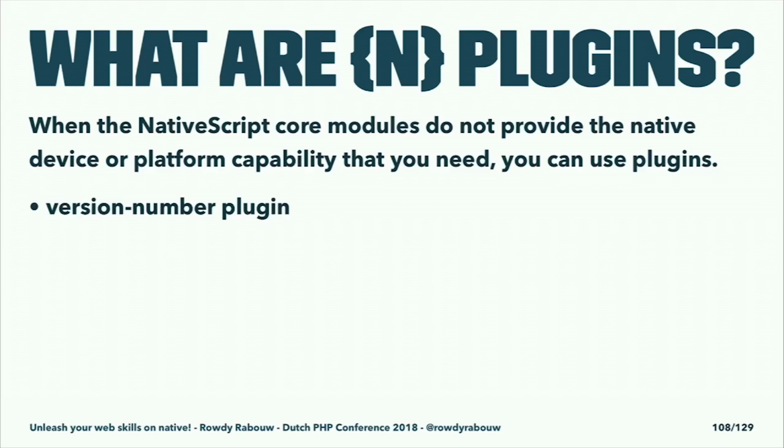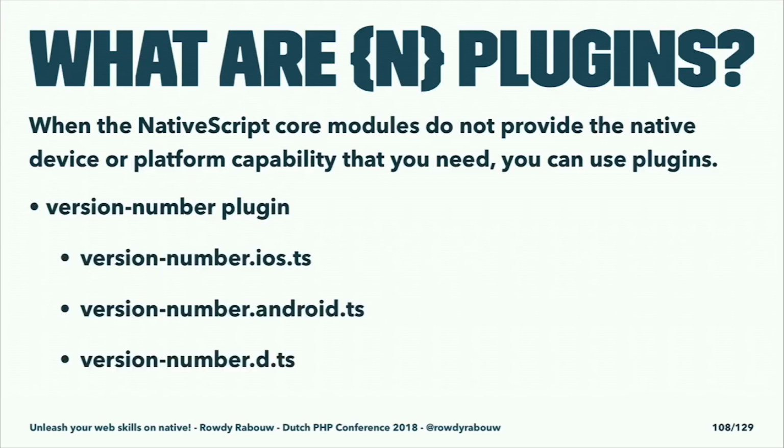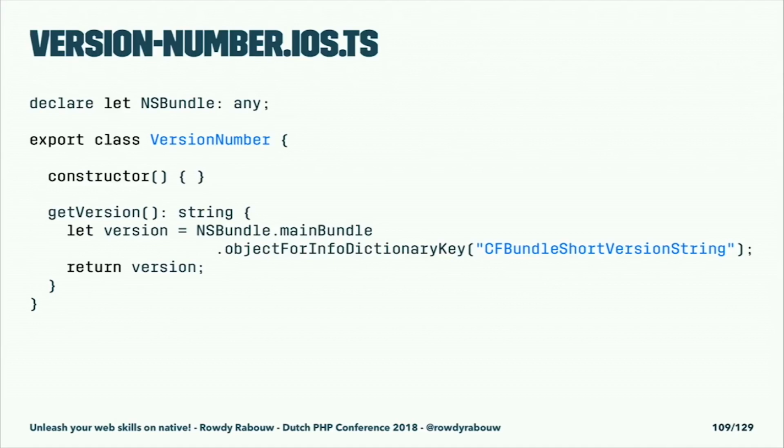Essentially, you need to create a few files. One for iOS, one for Android, and something called a definition file, which is the entry point for both. In the iOS one, I create a class called version number, and if I run get version, it will do some iOS Objective-C magic.